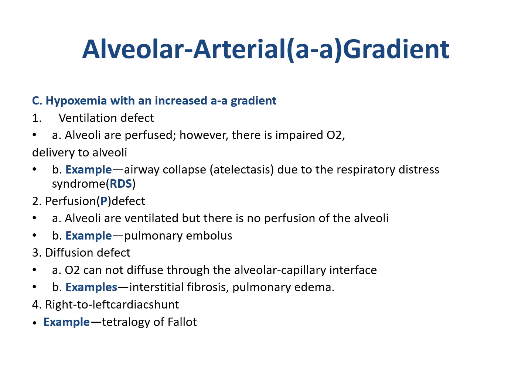Alveoli are ventilated, but there is no perfusion of the alveoli, for example, pulmonary embolus. In a diffusion defect, O2 cannot diffuse through the alveolar capillary interface because of interstitial fibrosis or pulmonary edema. Another cause is a right to left cardiac shunt, for example, tetralogy of Fallot.